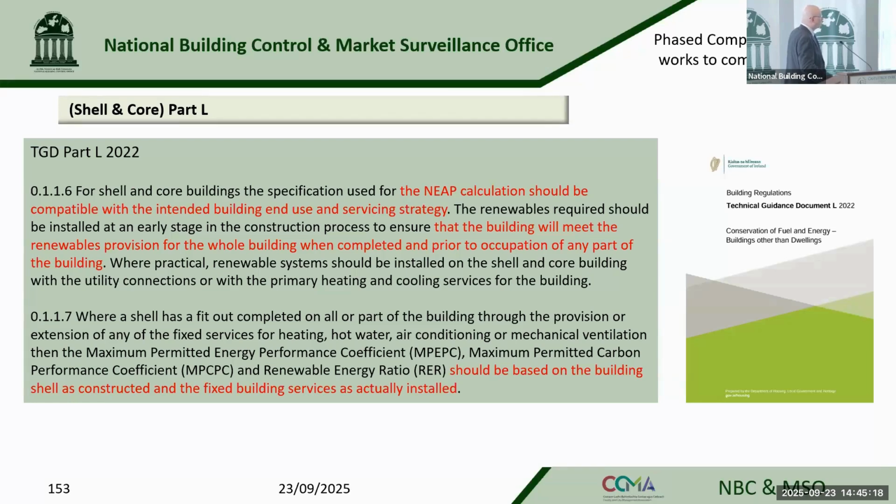So at completion stage, there should be renewables there that will cover the eventual occupancy of the building. You can't add on bits of renewables as the project goes on or as the project is occupied. It has to demonstrate compliance with Part L. And they should be based on the building shell as constructed and the fixed building services as actually installed.